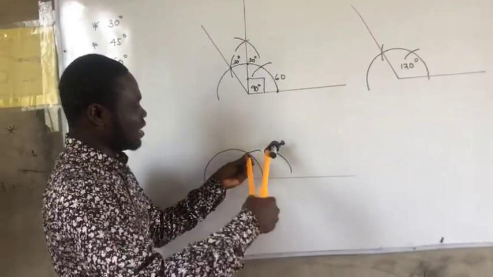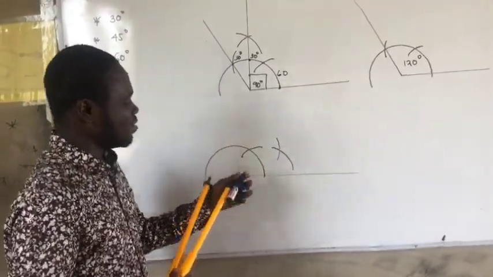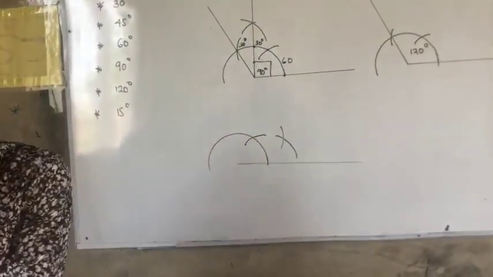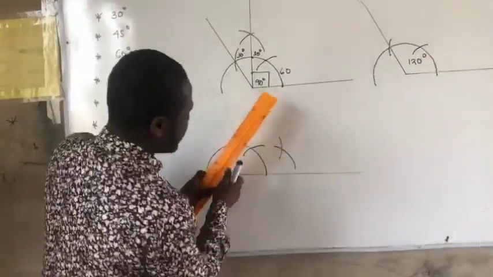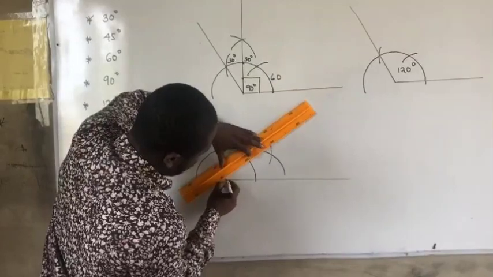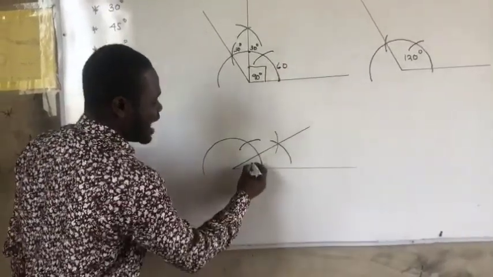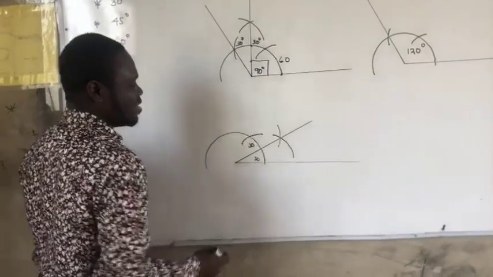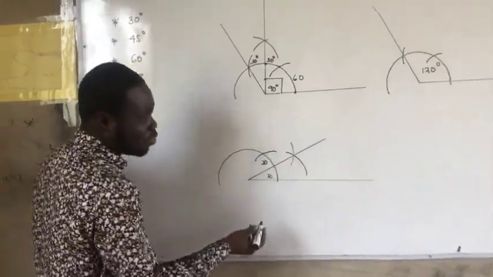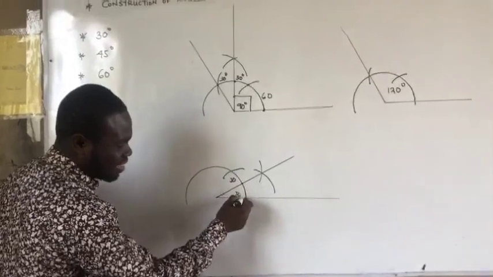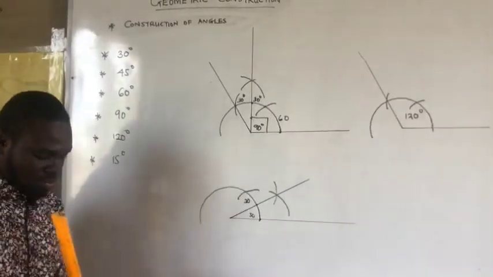So stand here, then what? I bisect. So after bisecting, I draw my line through it, so like this. So here is 30 and here is 30. But I'm looking for 15, so what do I do? I have to bisect the 30 down here, right? Yes.